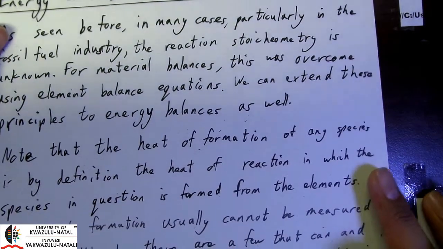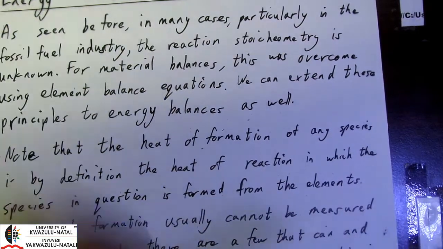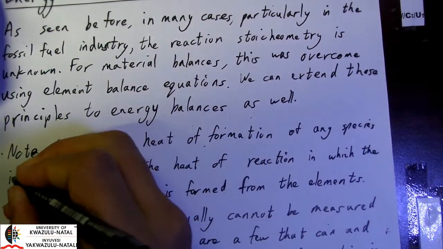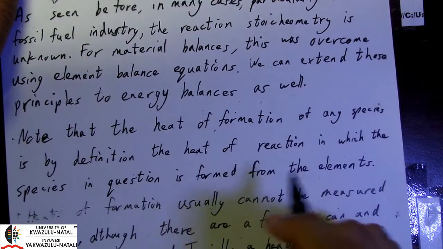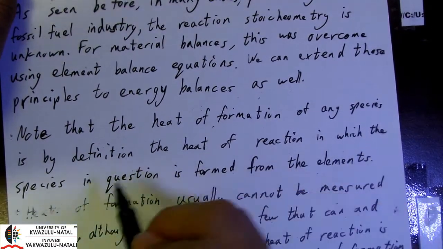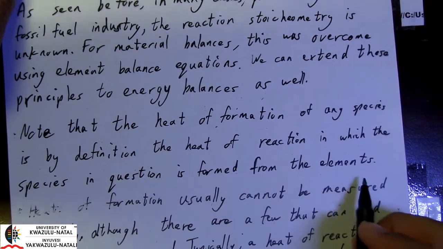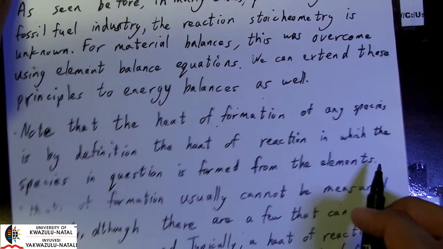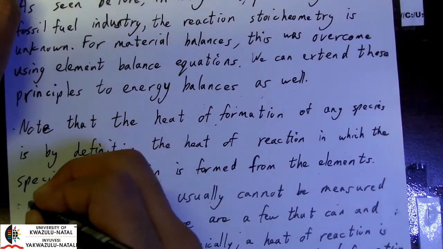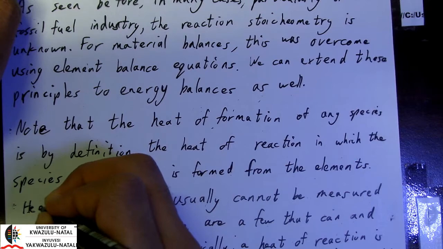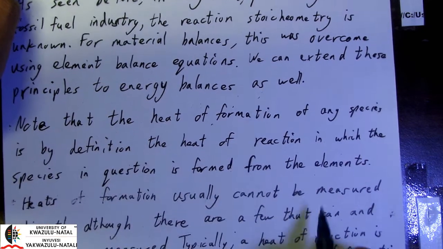Now note that the heat of formation of any species is by definition the heat of reaction in which the species in question is formed from the elements. Now heat of formation for any species is actually quite difficult to measure.